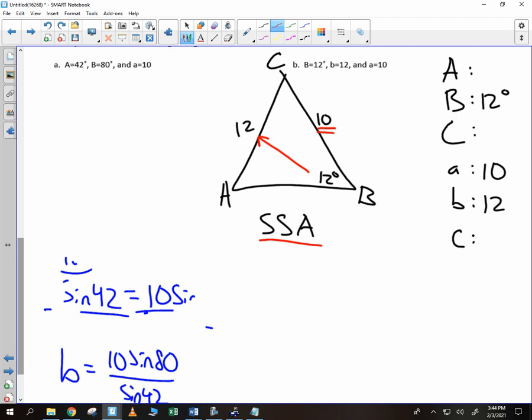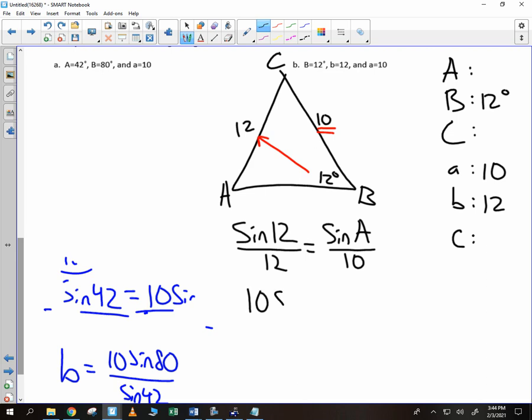So we're going to go ahead and work through here, and we're going to set it up. I could take the sine of B, which is 12, divided by the side 12, is equal to sine of angle A over 10. So in this situation, I do not have an angle. I'm going to multiply both sides by 10.